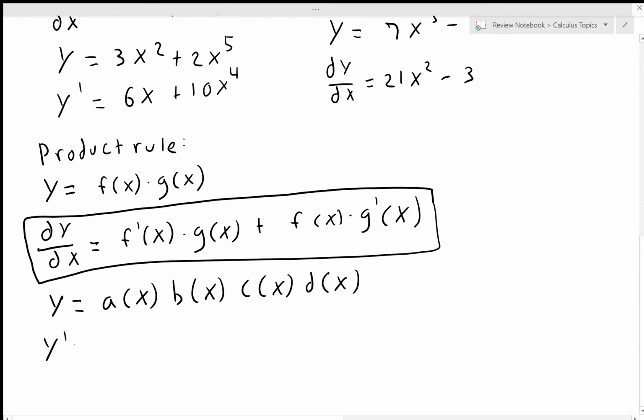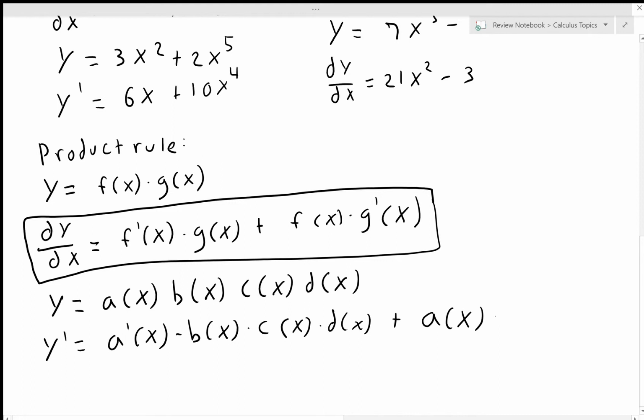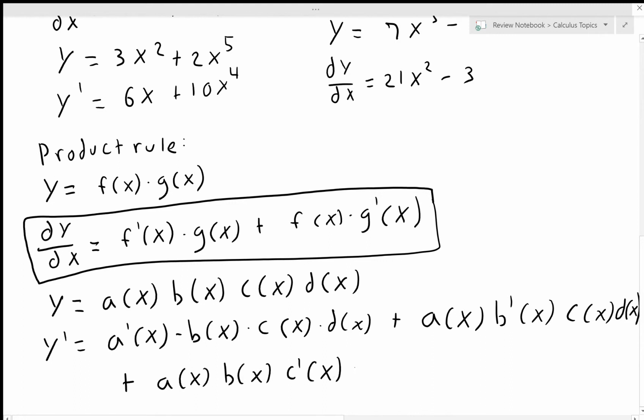Your derivative would just be the derivative of the first, multiplied by everything else, b of x times c of x times d of x, plus, keep a of x and then the derivative of b of x times c of x and d of x, plus a and b stay, derivative of c times d, and then last but not least a of x, b of x, c of x, and then the derivative of d of x.